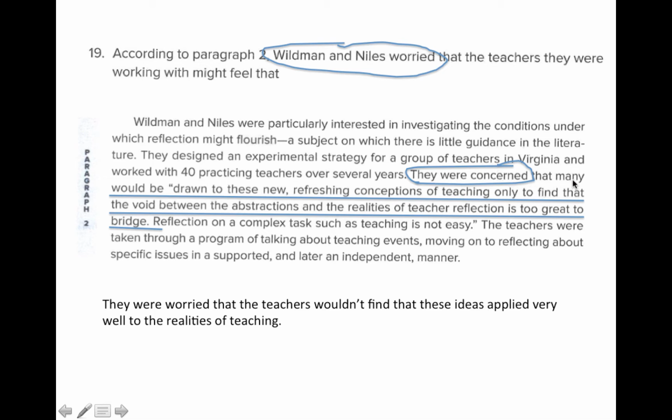Well, that many, meaning many teachers, would be drawn to these thoughts about teaching only to find that the gap, or the separation, between the thought and their reality as a teacher is too great. So again, to simplify and summarize, they were worried that teachers wouldn't find these ideas applied very well to the realities of teaching.